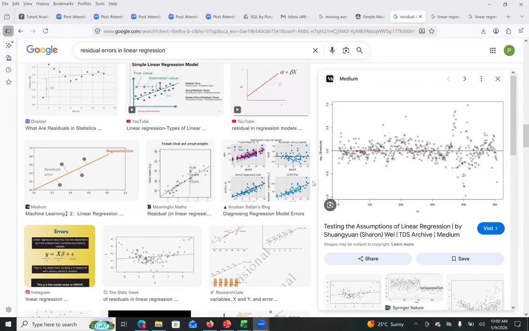How do you calculate error in linear regression? You remember MSE? What was MSE? Mean squared error. Very nice, right? It was mean square error.